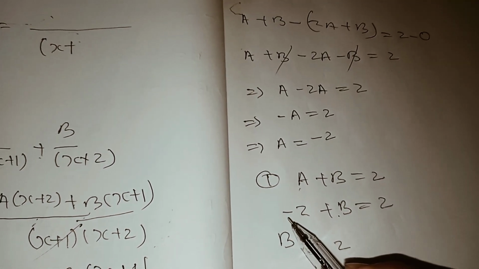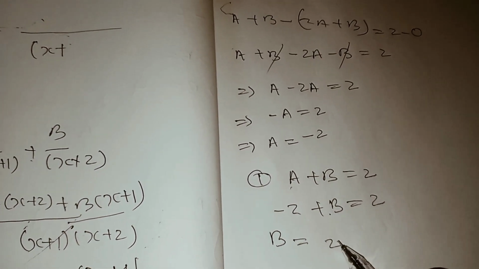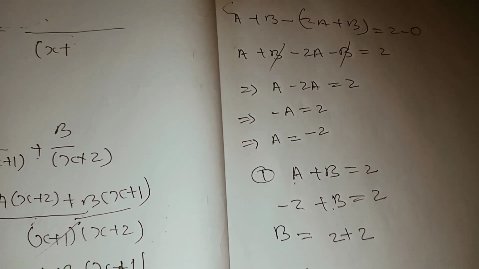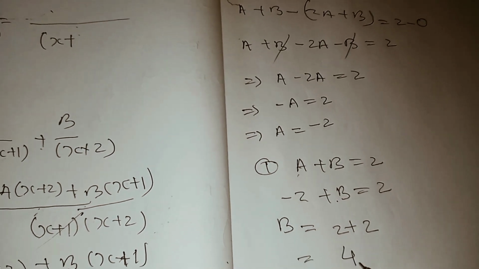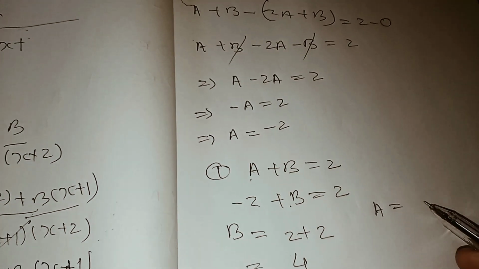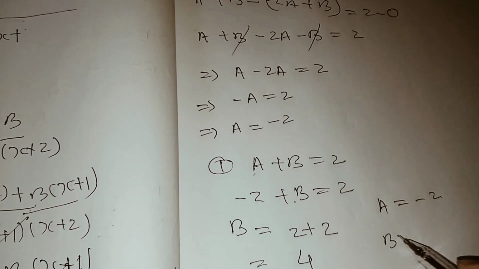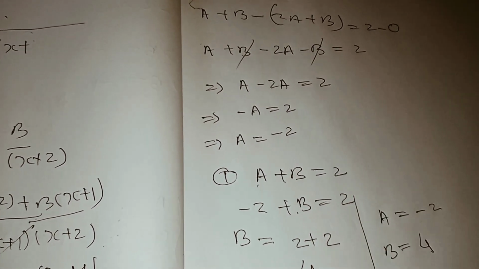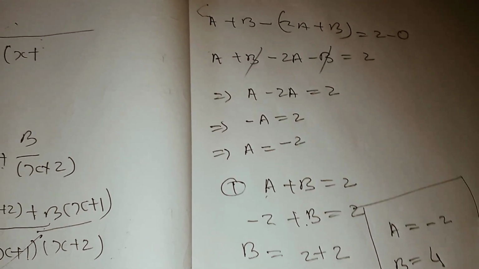Being negative, it converts into positive. So 2 plus 2 is 4. So you are able to see that the value of a is -2 and the value of b is 4.